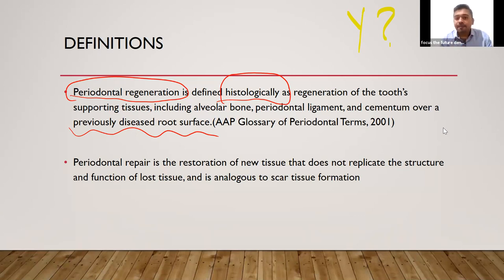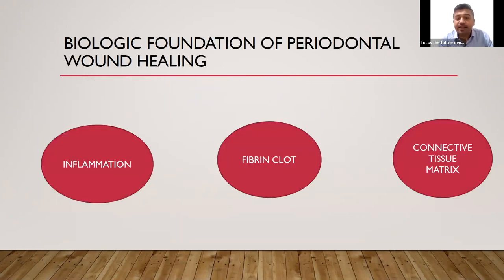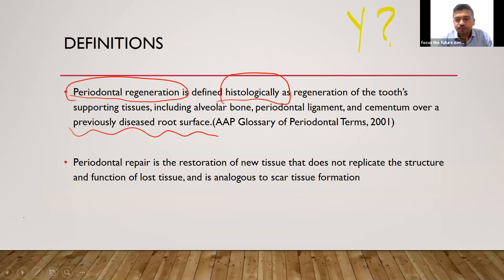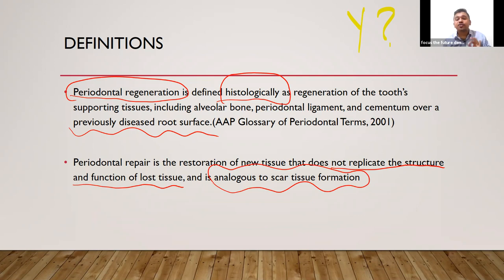Now, what is repair? Repair is nothing but the restoration of new tissue that does not replicate the structure and function of the lost tissue. You can say it is just like scar tissue forming, analogous to scar tissue formation.